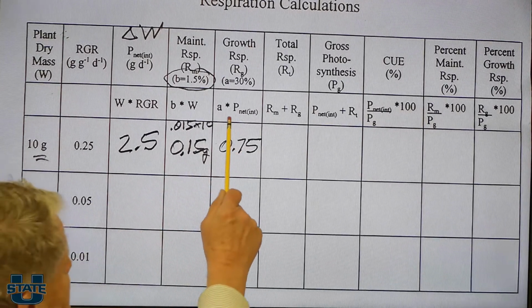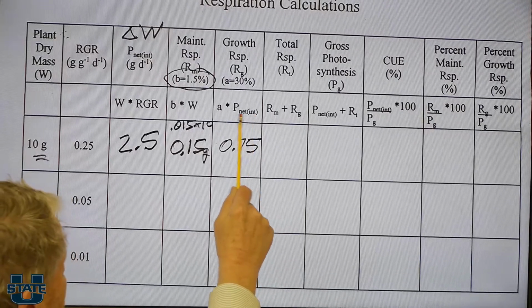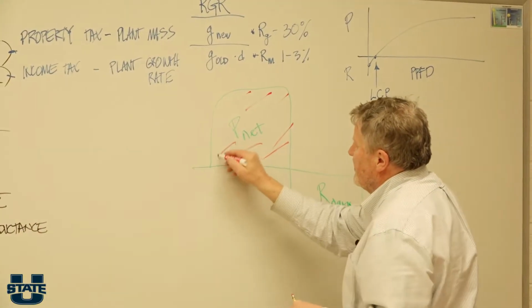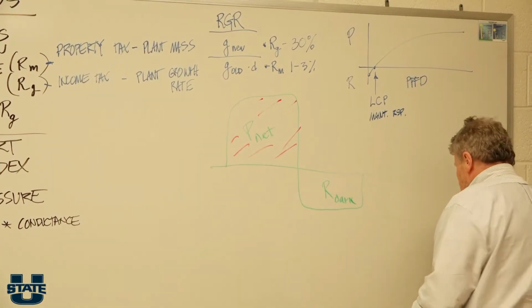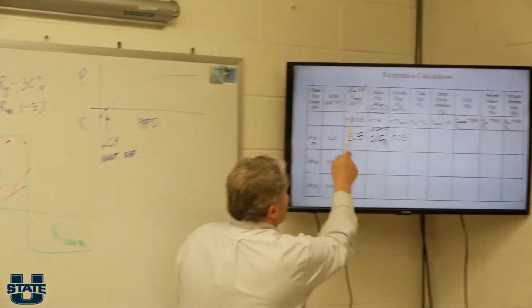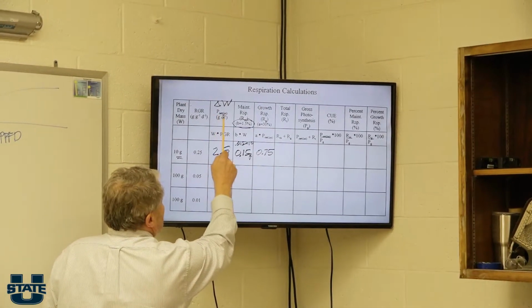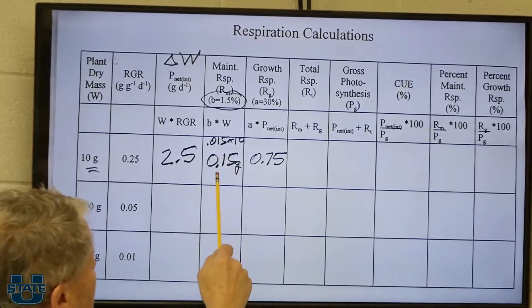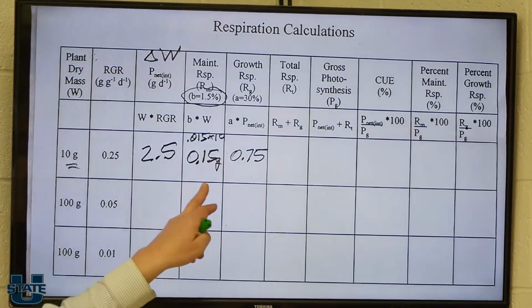This right here says P net integrated. So this is the P net over the whole day. That's what integrated means. And it's shown right here. Integrated P net was the new gross. So look, we have 0.15 grams going to maintenance.